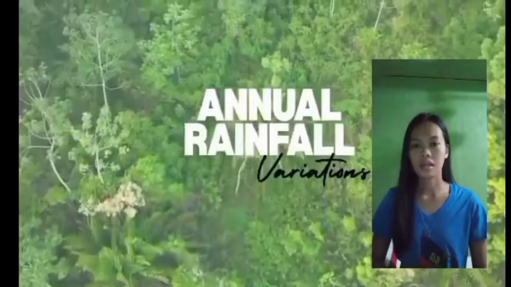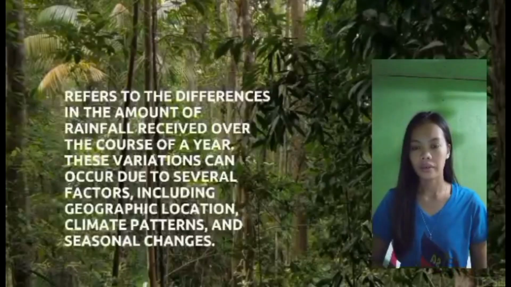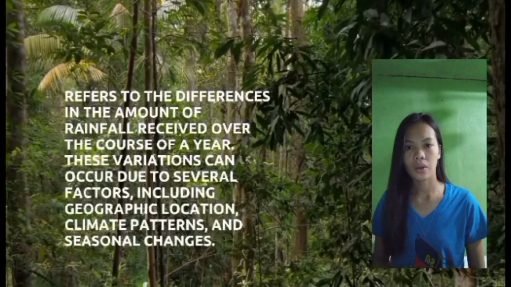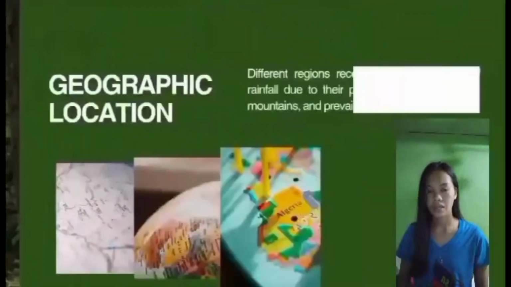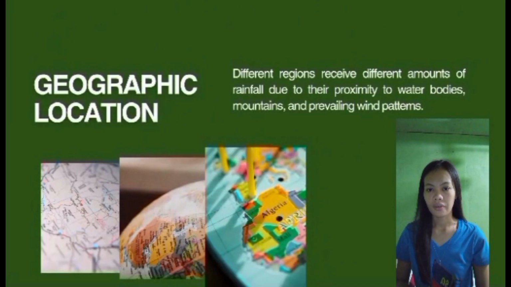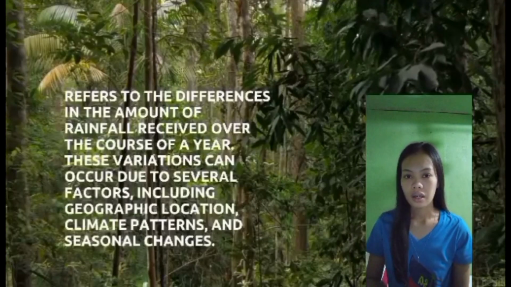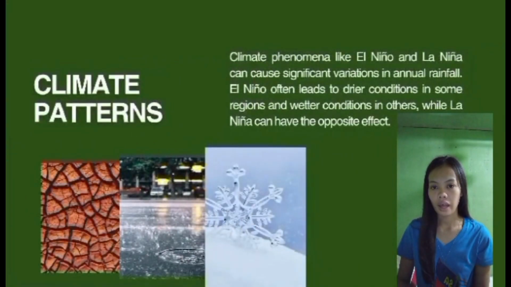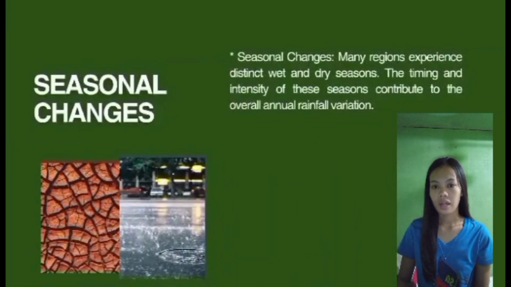So next are the factors affecting annual rainfall. So there are several factors that cause rainfall to vary each year. Number one is geographical location. Areas near oceans or mountains usually receive more rainfall. Number two is climate conditions. Phenomena like El Nino and La Nina greatly affect rainfall. Number three, seasonal changes.